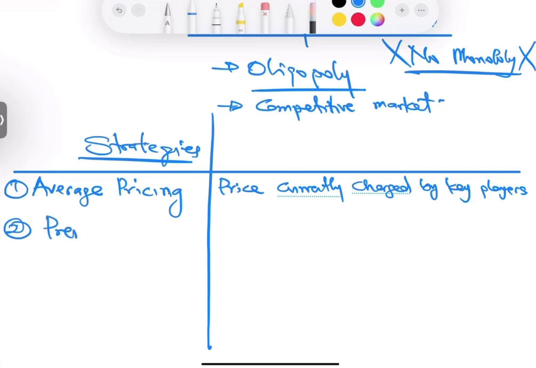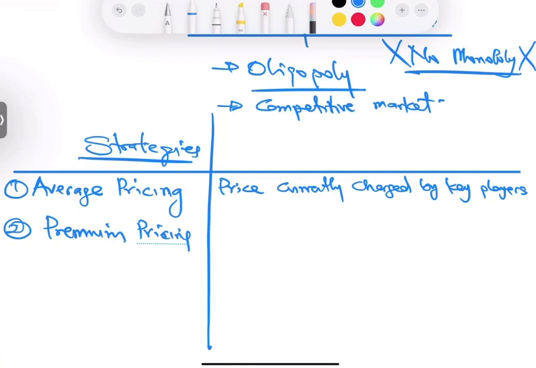You can as well do premium pricing for an existing product. And you know what premium means? Premium means you are charging high, actually. But how are you able to do that? You are only able to do that if you're able to create a perception that makes those customers think that the product you are bringing in is of a different quality.